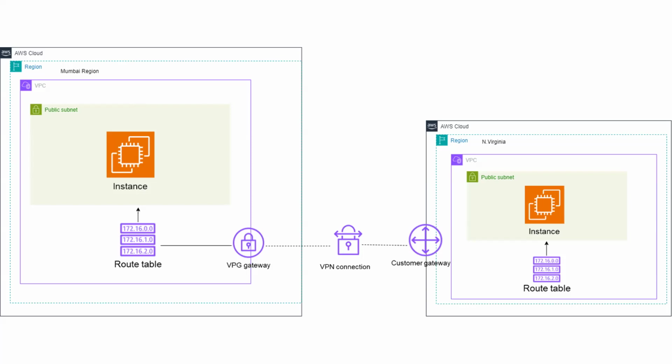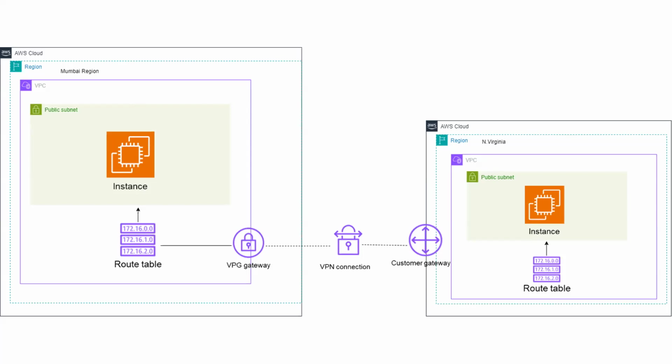Here you can observe that in the VPC we have created a public subnet, which is basically a subnet that has a route to the internet gateway. Instances launched in the public subnet can be accessed from the internet. Then we have created an EC2 instance in the Mumbai region.